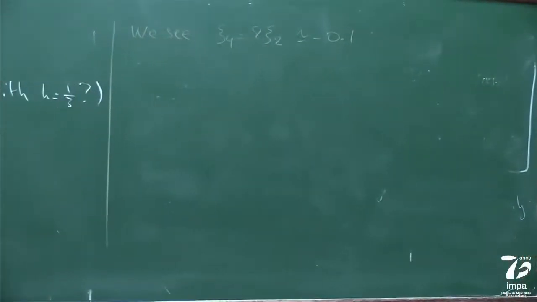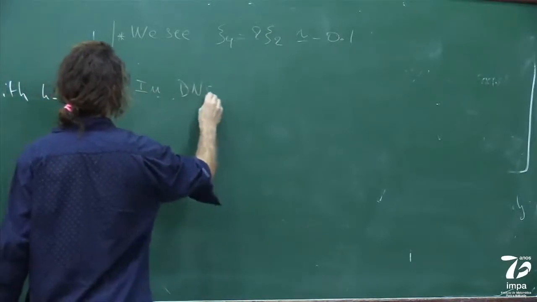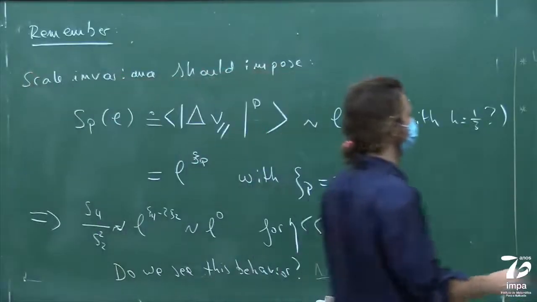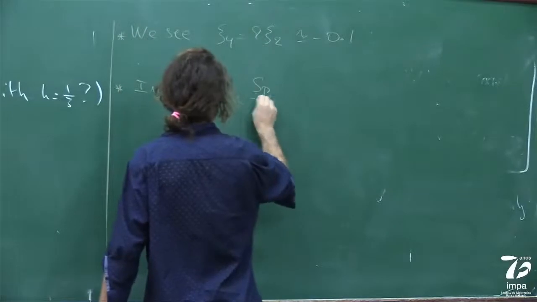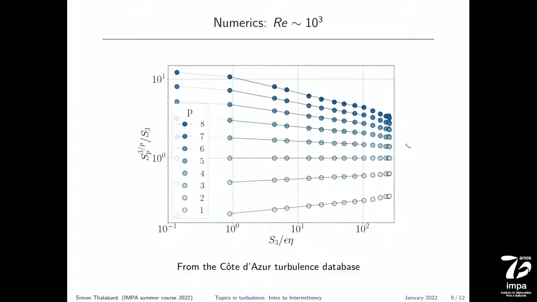Okay. Similarly, this is this time an example taken from DNS. In DNS, this time we scale not S4 but SP divided by S3.